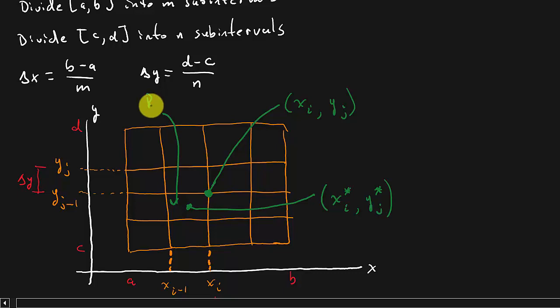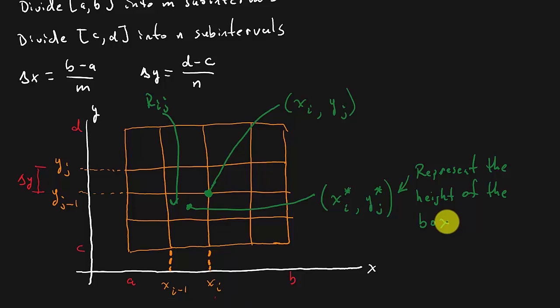This would be our rectangle r sub ij. And this right here represents the height of the box.